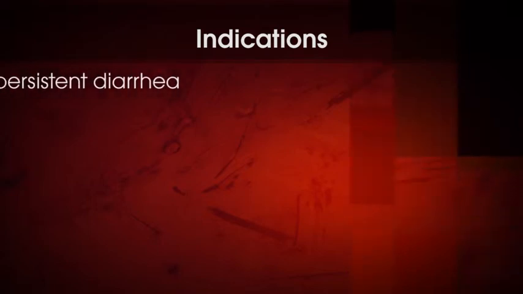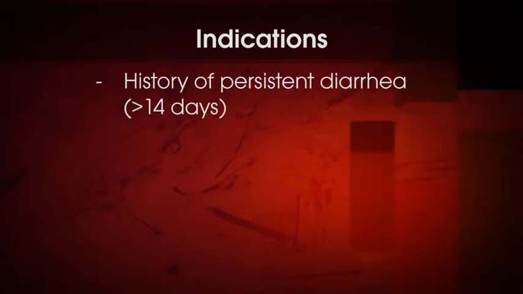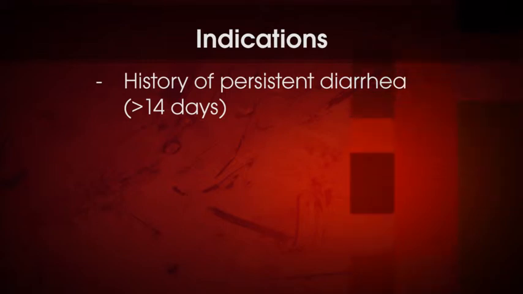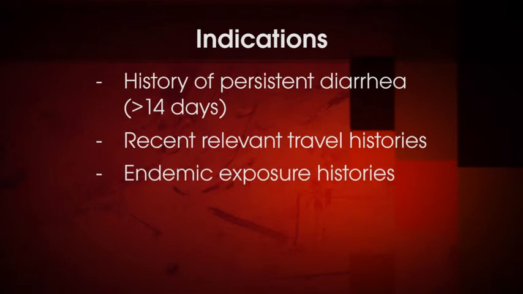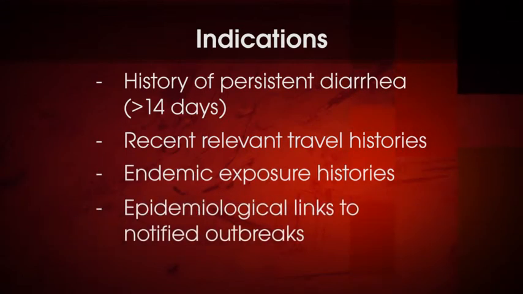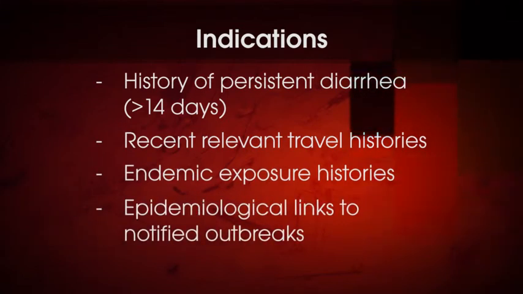Molecular GI parasite tests are indicated for use in patients with a reasonable suspicion of GI pathogenic protozoa. Some key features that are helpful to decide whether a patient should use these tests include history of persistent diarrhea, defined as greater than 14 days, recent travel histories, endemic exposure histories, and epidemiological links to notified outbreaks.